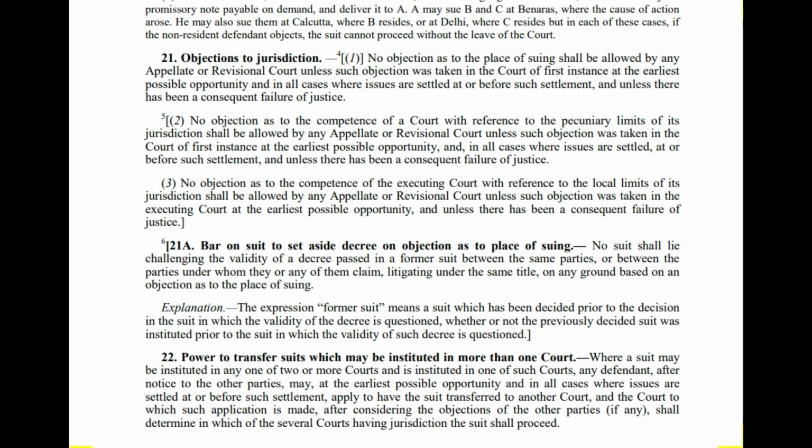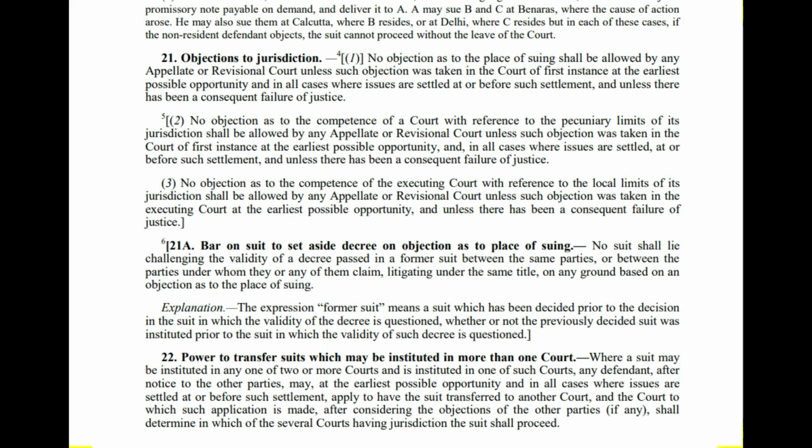You can do it before the settling of issues or at the time of settling of issues. However, an exception to the subsection is that if there is a consequent failure of justice, in that case, the court can accept the objection with respect to the jurisdiction in appeal or revision.